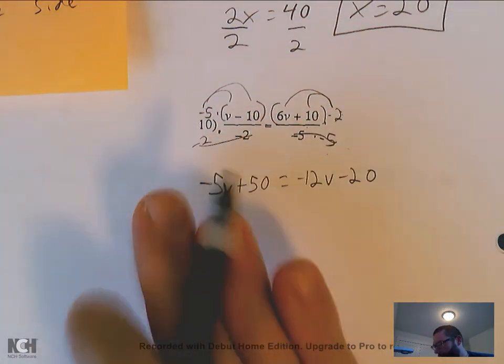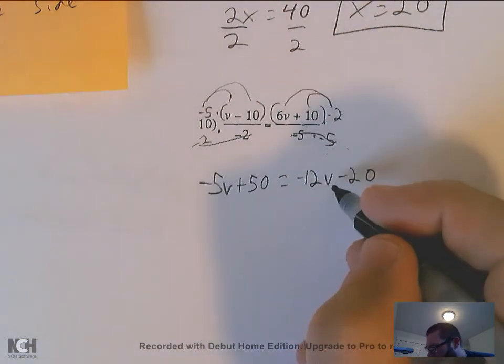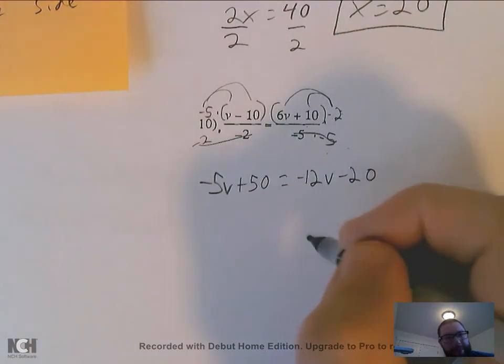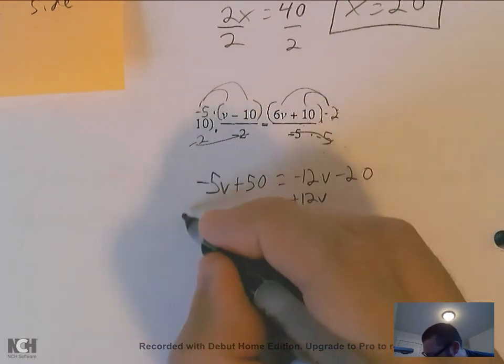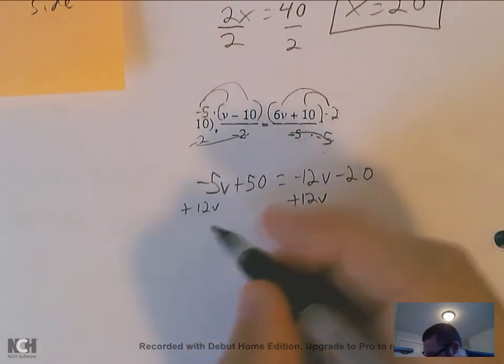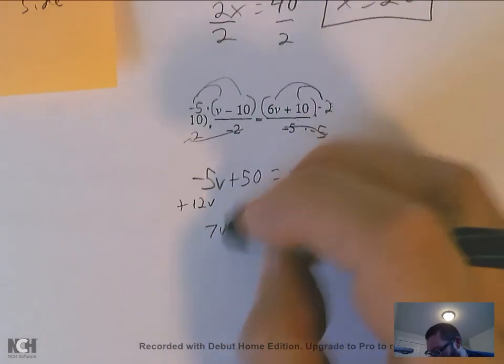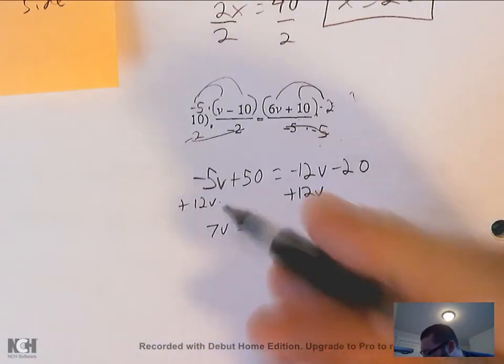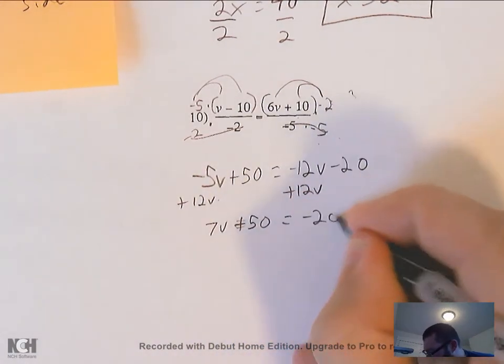There's no like terms, so I can move on to the next step, which is to move the variable. Let's move the negative 12v. It's negative, so I have to add it to move it to the other side. So add 12v. That gives me 7v, not equal to yet. I still got a plus 50 there. Plus 50 is equal to negative 20.